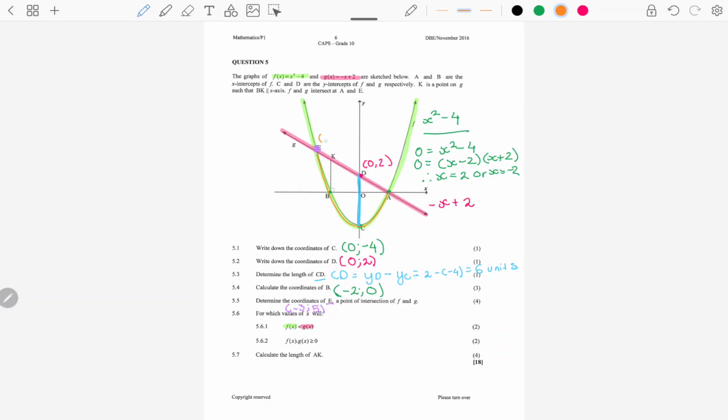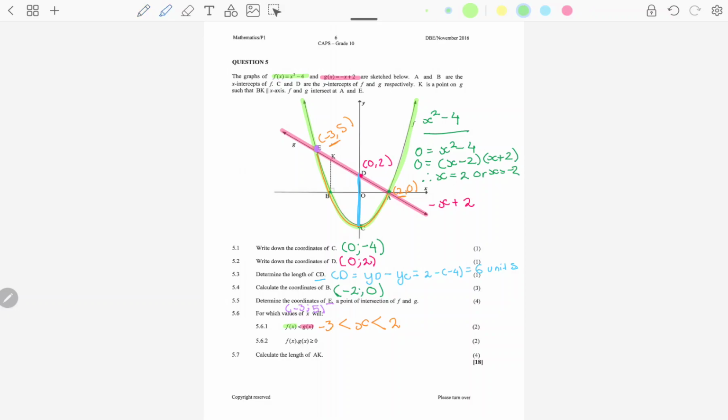We already know E is (-3, 5), and A will be (2, 0). The x values will be from negative 3 to 2. So negative 3 to 2. That's it.